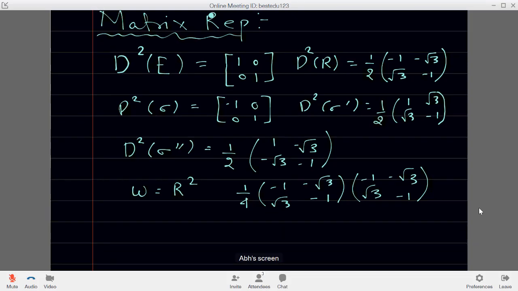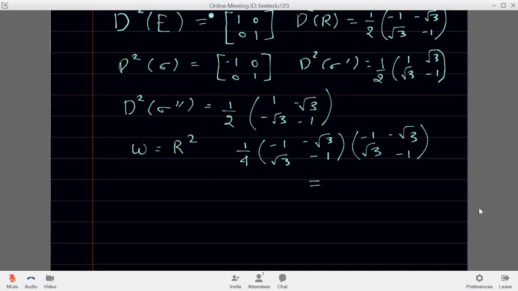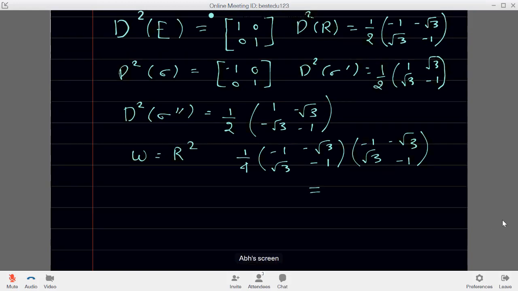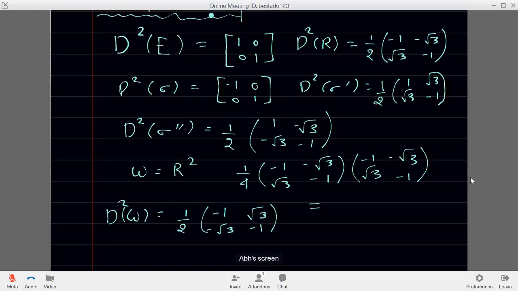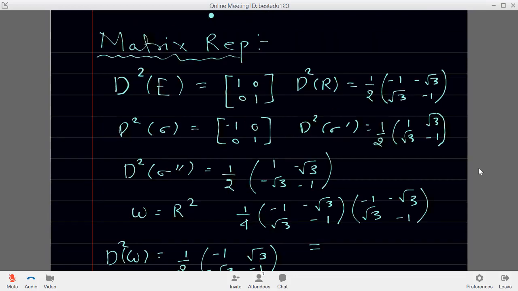No, I have not written W, so let me write it. The matrix representation of W turns out to be 1 by 2 with minus root 3 and minus 1. I hope I made it correct. Let me give a quick check. Yes, this is correct. You can do this multiplication and check for yourself whether you get W.